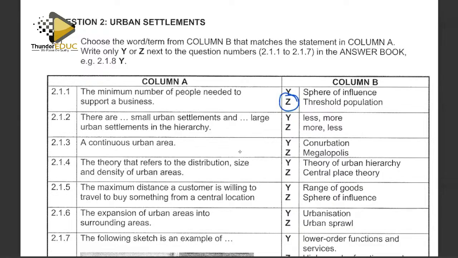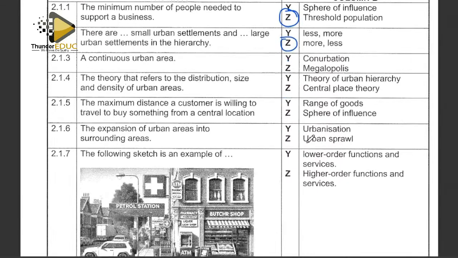If you look at a hierarchy, it has a wider base and it goes into a triangular shape. The higher we go up the hierarchy, it has more small urban settlements and fewer large ones. We have many towns and we have fewer metropolitans or conurbations. A continuous urban area, that is a conurbation.